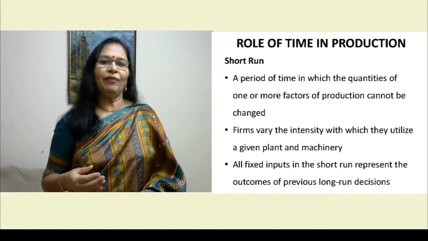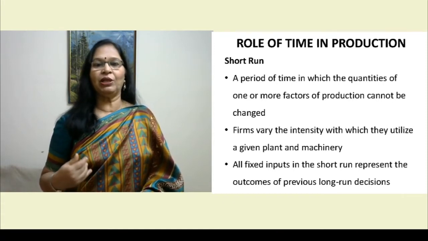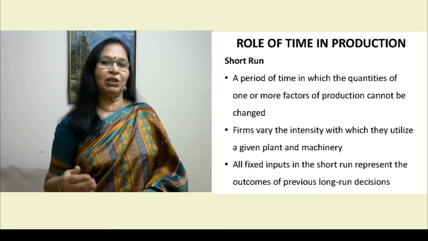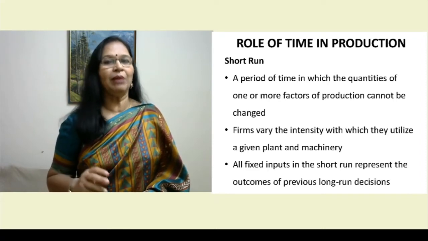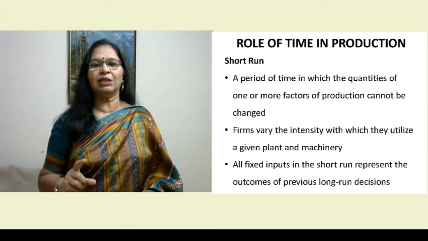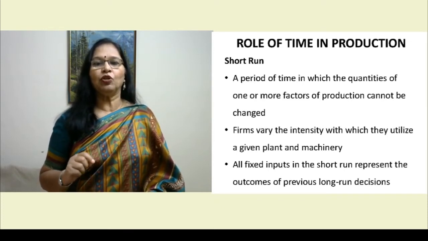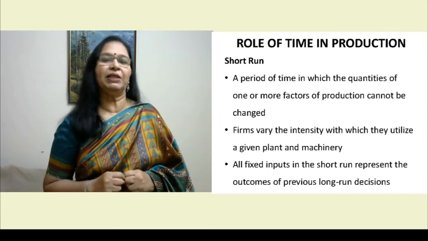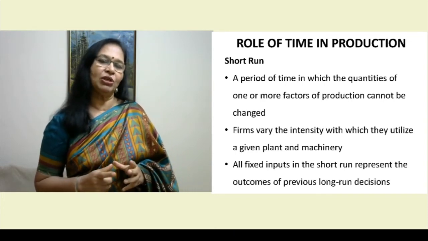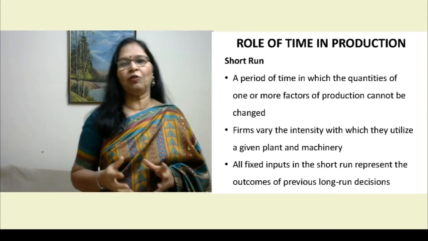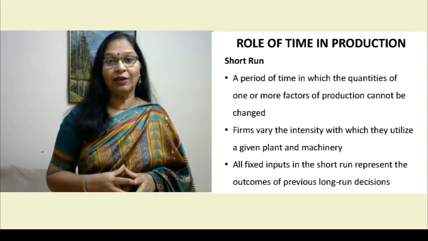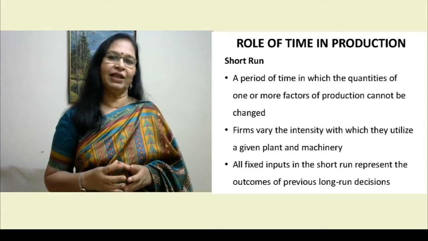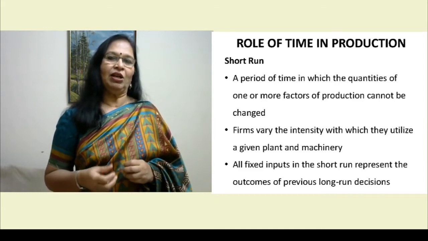So we may not be able to increase the number of machines or number of computers or number of factories. We may not be able to change it in the short run, but we may be able to change only the factor which is labor. So firms vary the intensity with which they utilize the plant and machinery. Because in the short run it is not possible to increase the number of plants or machinery, what firms usually do is increase the intensity with which the machines and plants are utilized.